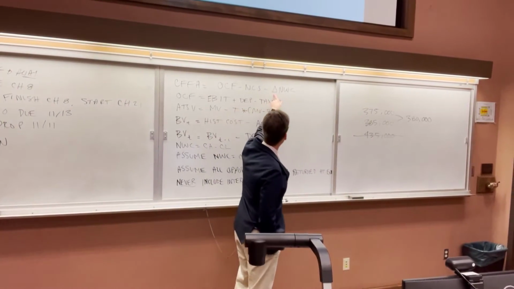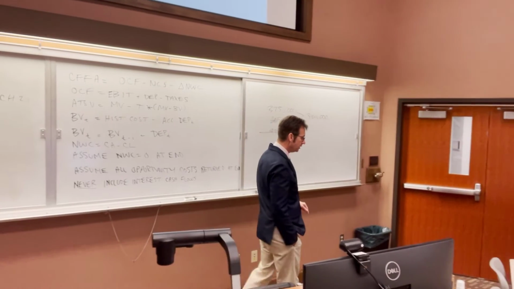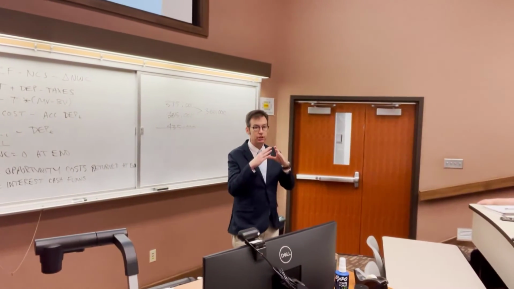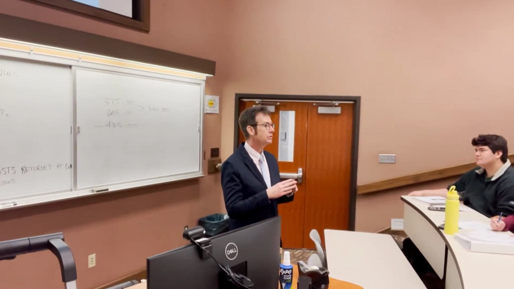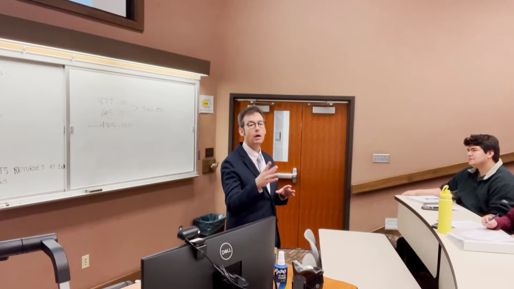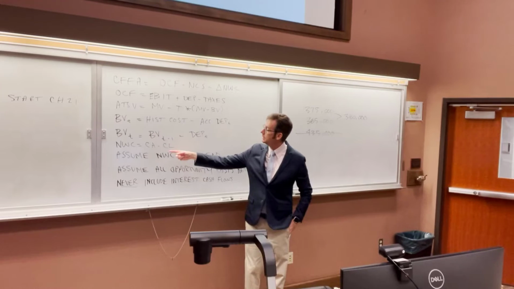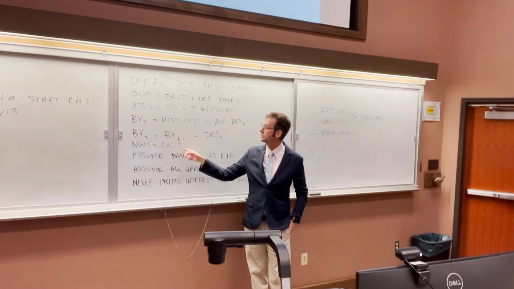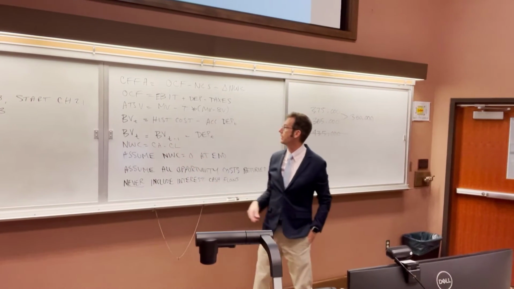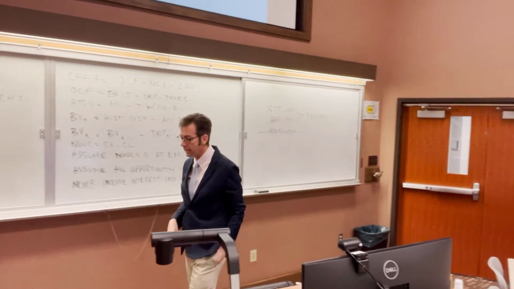Greek letter delta means change in science and engineering and finance. So it's the change in NWC. What's NWC? Net working capital. And by the way, this is the definition for net working capital down here: current assets minus current liabilities. Hopefully you remember that. Okay.